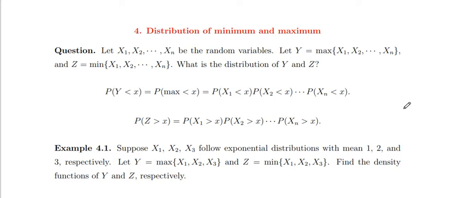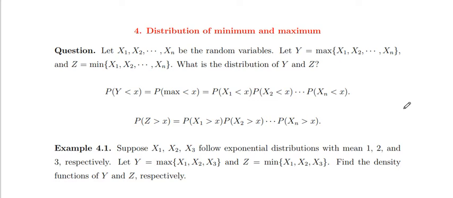Sometimes we are talking about the minimum and maximum. Suppose we have several variables X1, X2, and so on, and we let Y be the maximum of them and Z be the minimum of them.